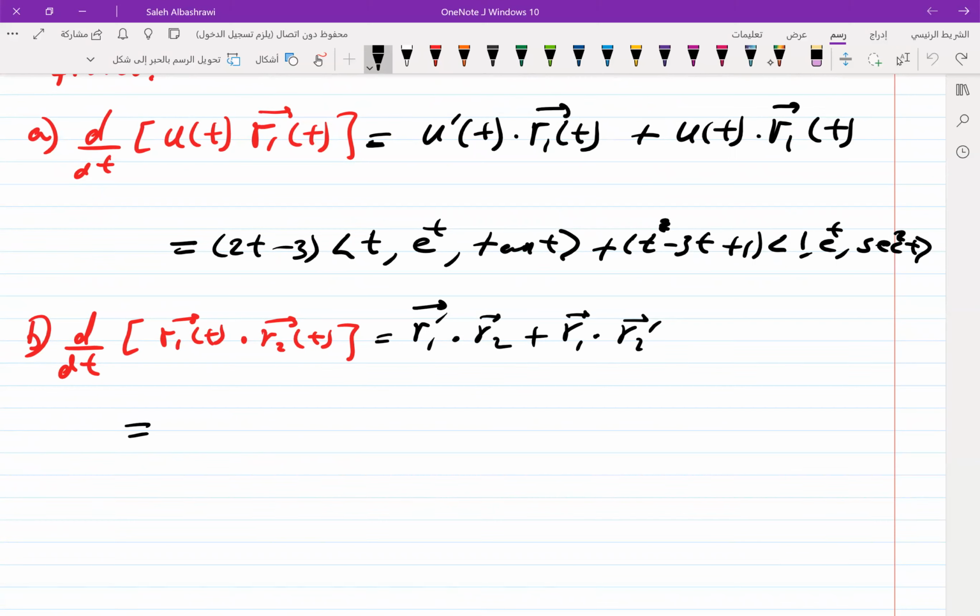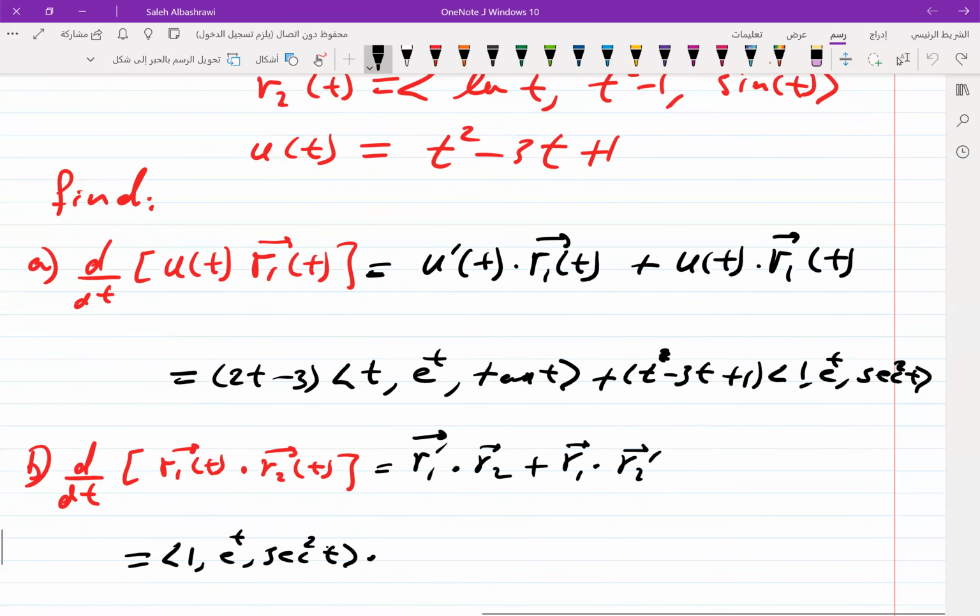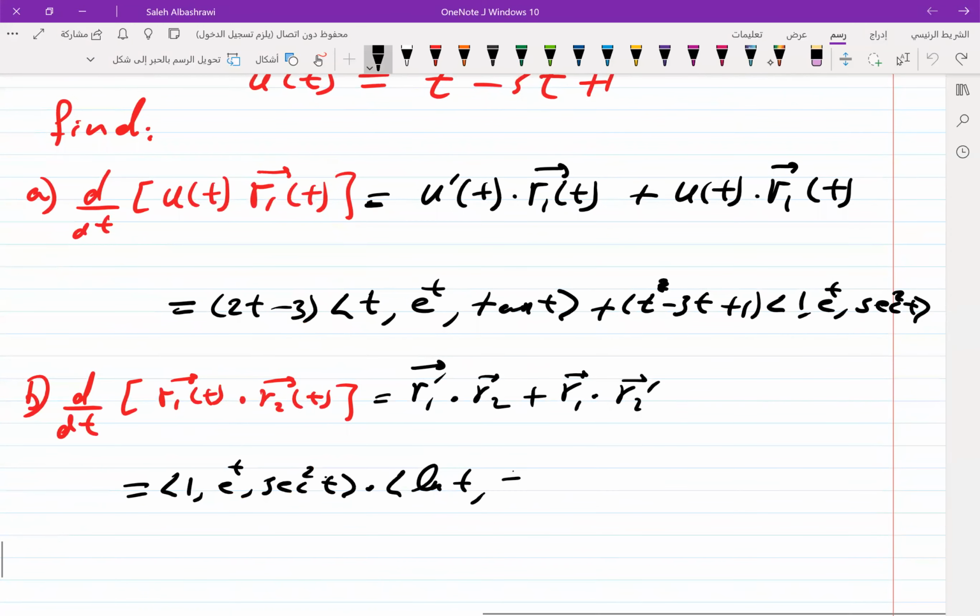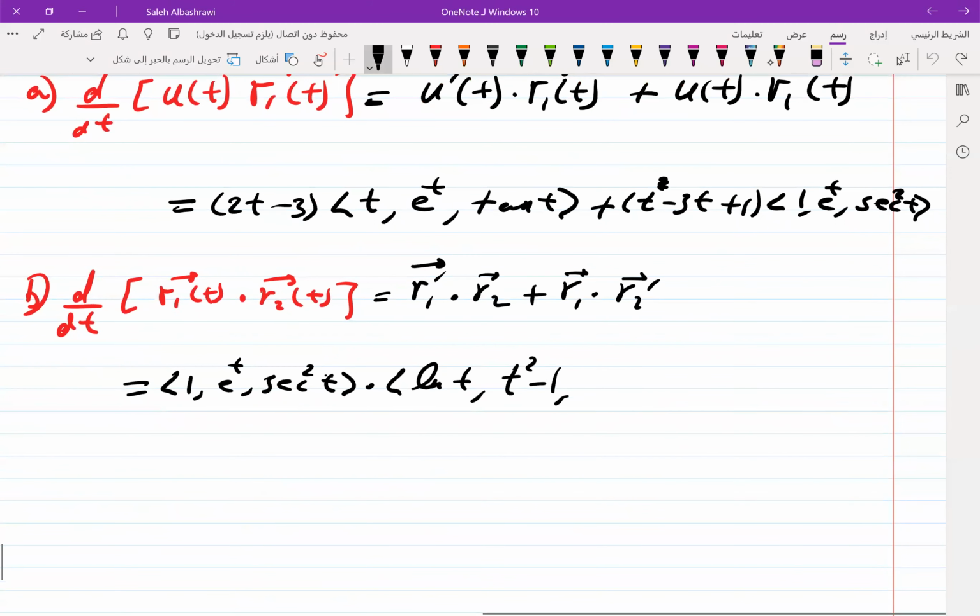which is equal to the derivative of the first one, which is 1, e to power t, secant square t, dot r2. r2 is given by ln of t, t square minus 1, and sine of t.